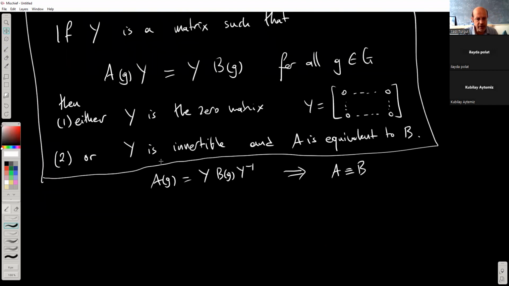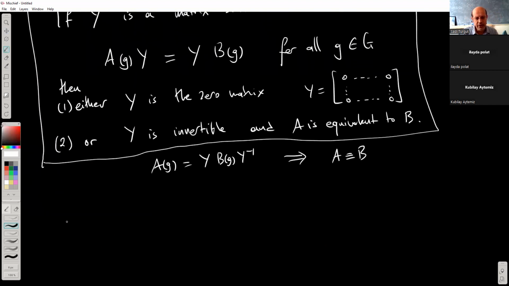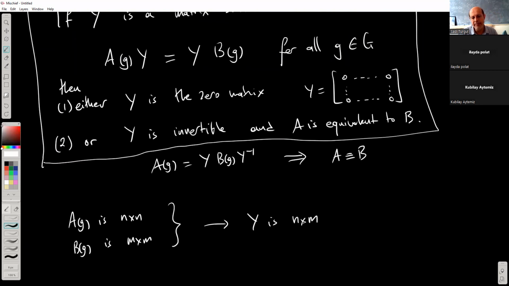So let me quickly try to explain this. Let's say that A of G is n by n, and B of G is m by m. These are square matrices, but Y does not need to be square. So Y is n by m, right? We have a rectangular matrix, and in general Y is rectangular.